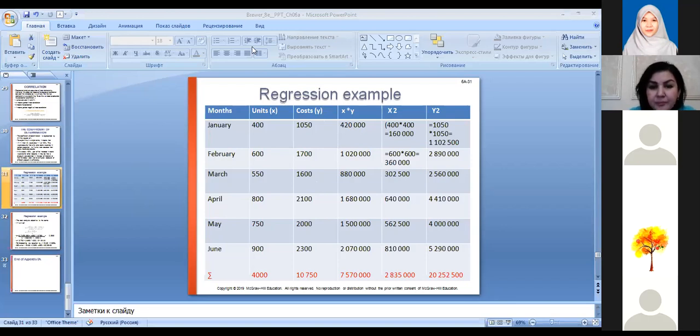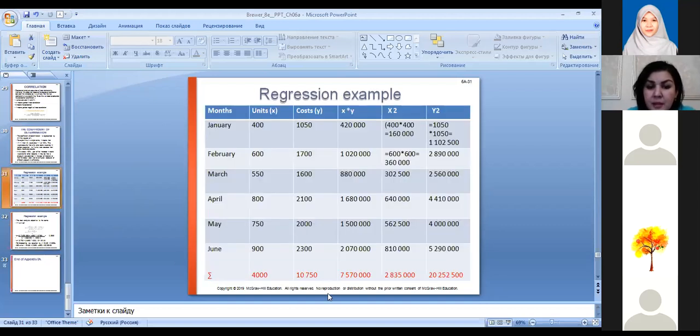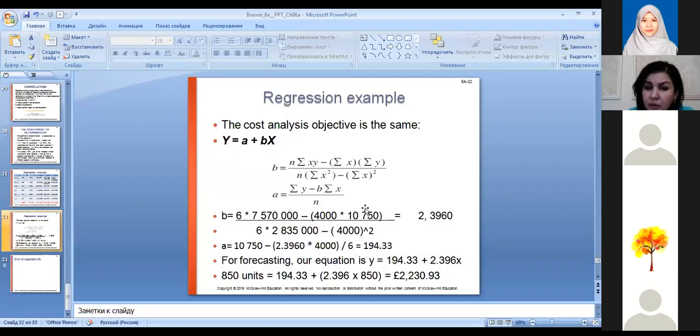So you see that sum of all y's equals 10,750. We put all the values in the numerator.